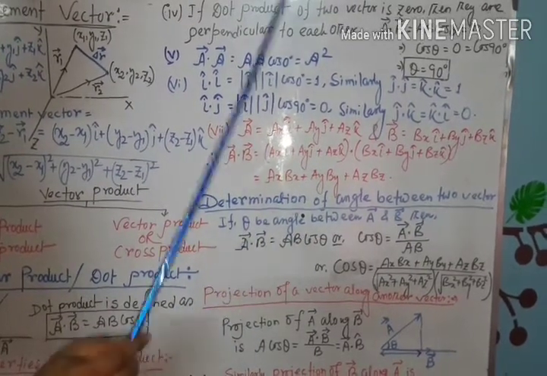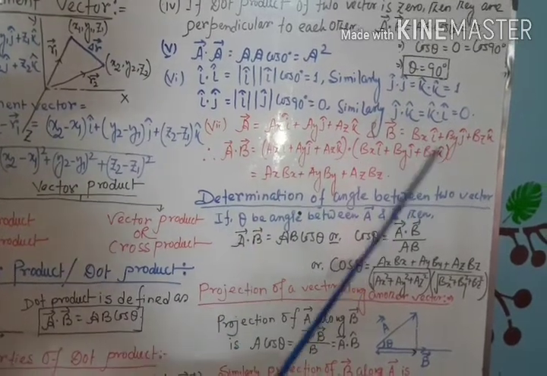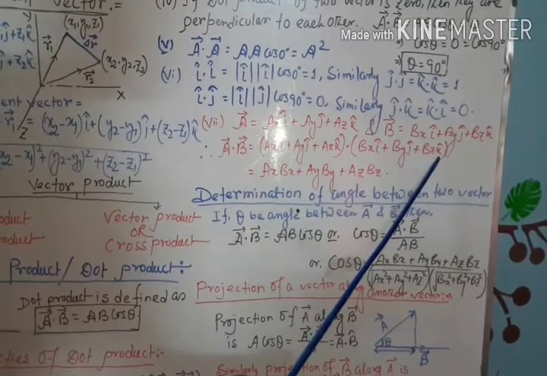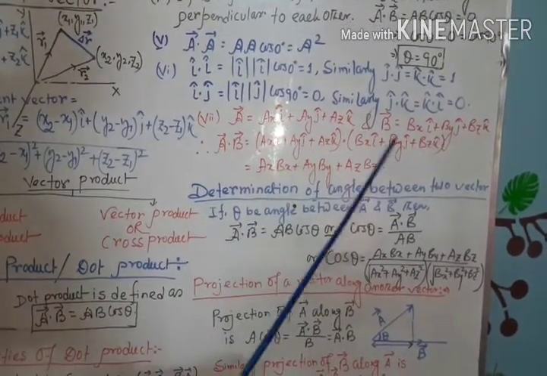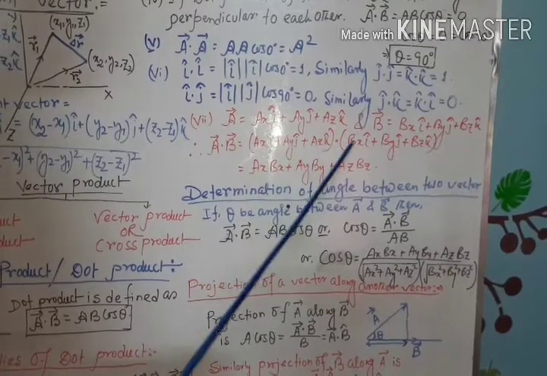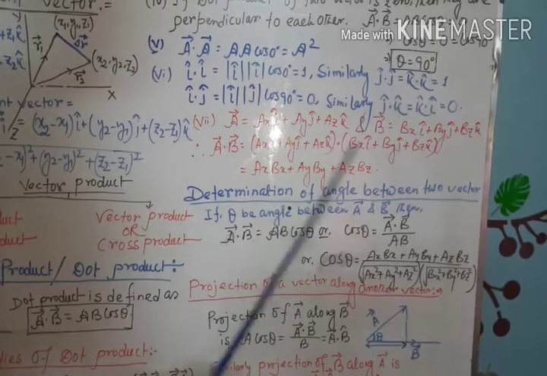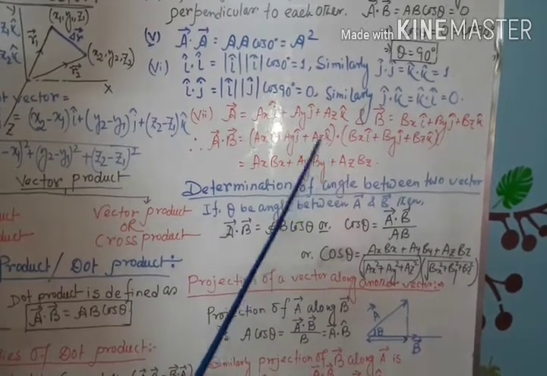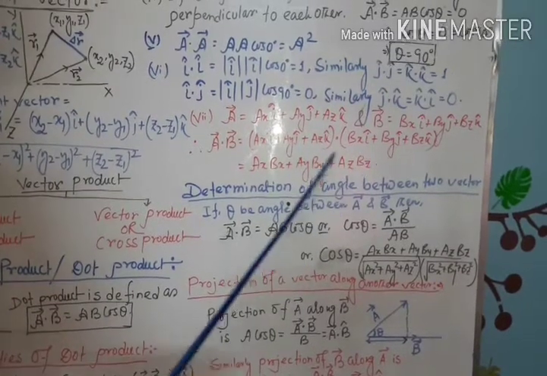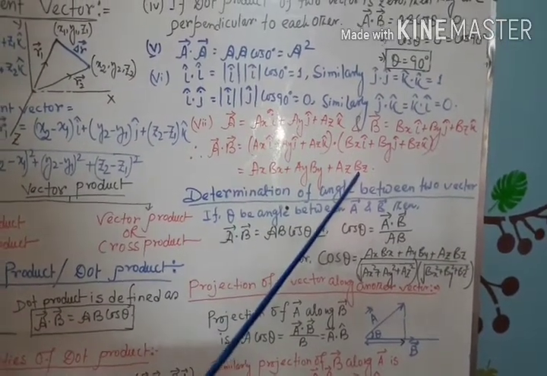Plus, similarly, with j cap, only j dot j is 1, the other two dot products are 0, so it gives ay by. Similarly, for k cap, k dot i is 0, k dot j is 0, only k dot k is 1. That's why plus az into bz. So this is the formula you have to remember whenever you perform the dot product of two given vectors.